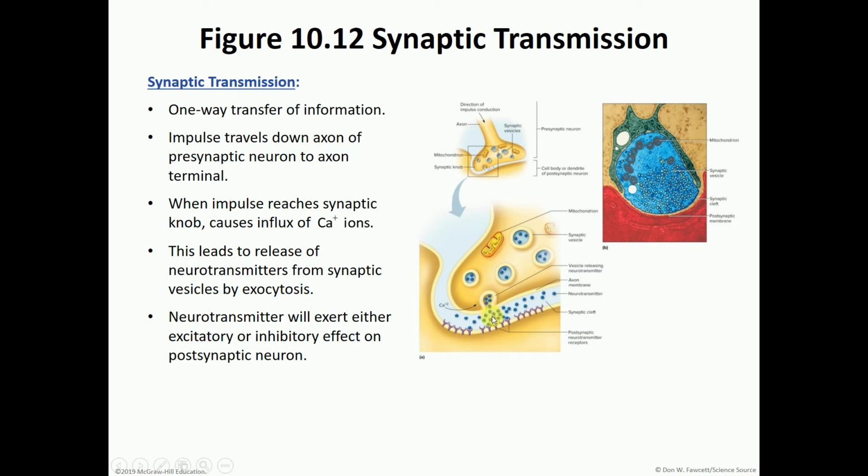The neurotransmitter pretty much swims across, diffuses across towards the postsynaptic neuron. In the postsynaptic neuron, you can see these purple receptors. When the neurotransmitter attaches to the receptors, activating them, now you have transmitted the action potential from the pre down to the postsynaptic neuron.